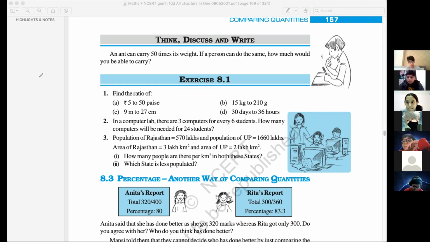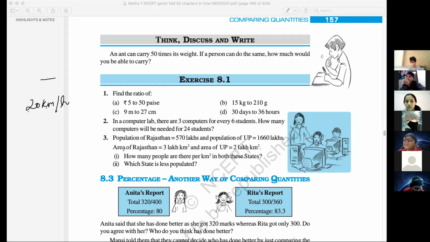Per means upon. Like yesterday we were studying 20 kilometer per hour. We said per means 20 kilometer upon 1 hour. So here they have asked per kilometer square in both the states.